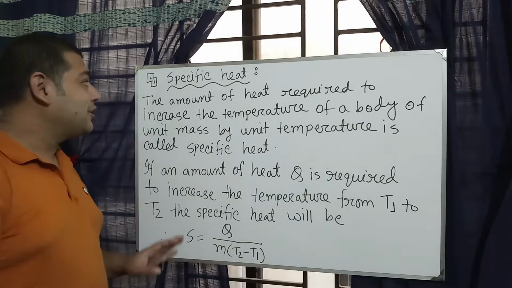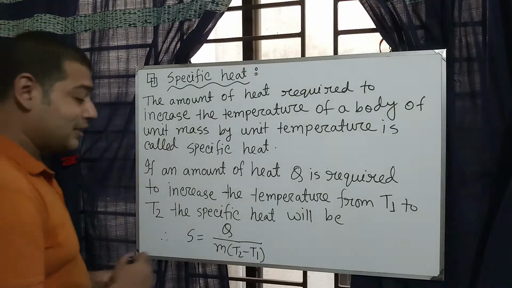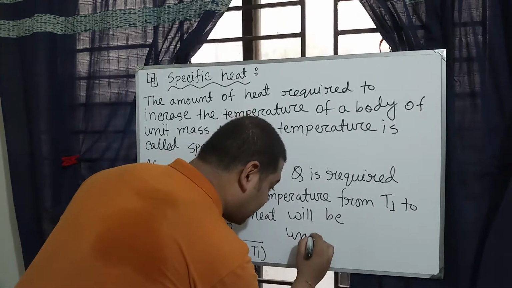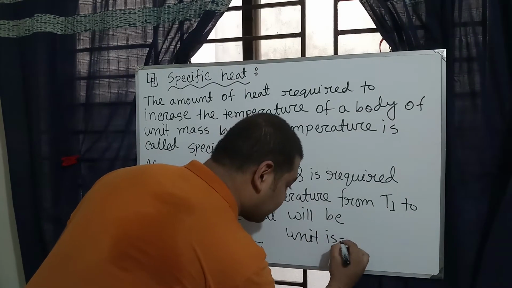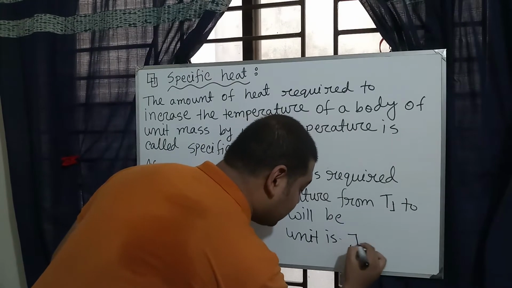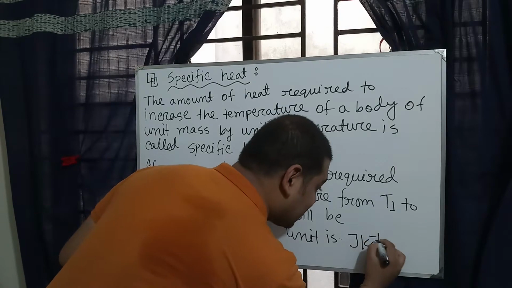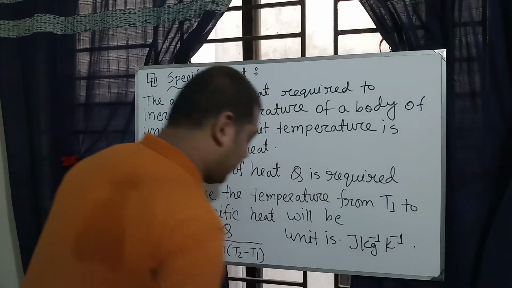Here the unit of specific heat is joule per kg per Kelvin.